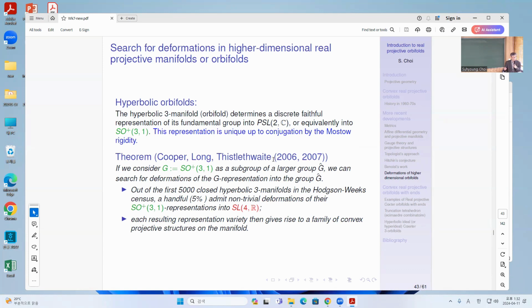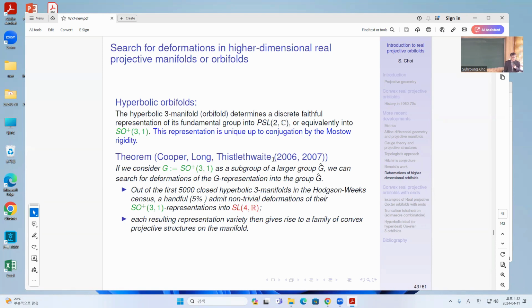Suppose you now want to go to SL4(R). There's a list of closed hyperbolic three-manifolds built by Hodgson and Weeks. You take about 5,000 of them, and then 5% will admit some non-trivial deformation into SL4, so it will become projective, I mean, not coming from the hyperbolic ones.